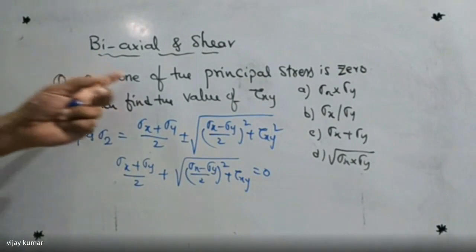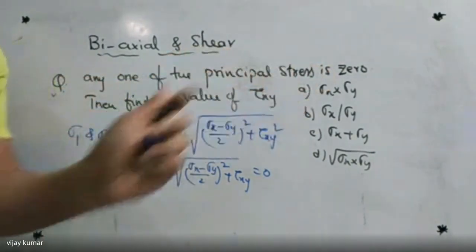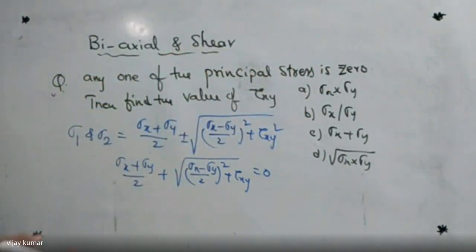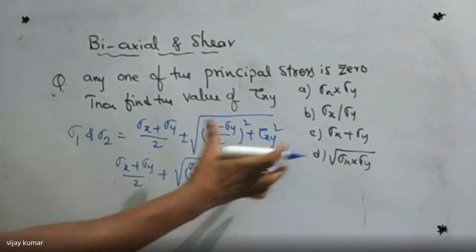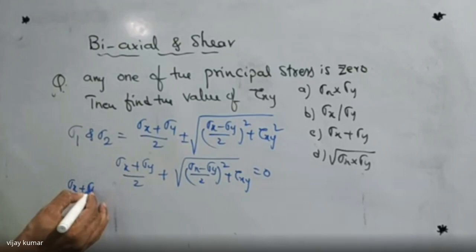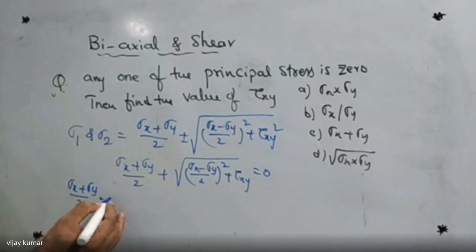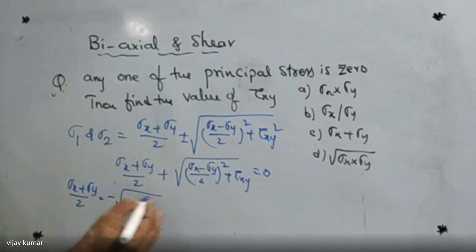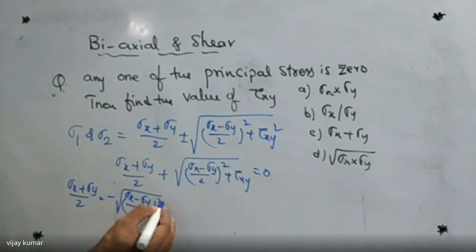He is saying like this, any one of the principal stresses is 0. Then if you bring this term to this side, we get sigma x plus sigma y by 2 is equal to minus square root of (sigma x minus sigma y by 2) whole square plus tau xy square.